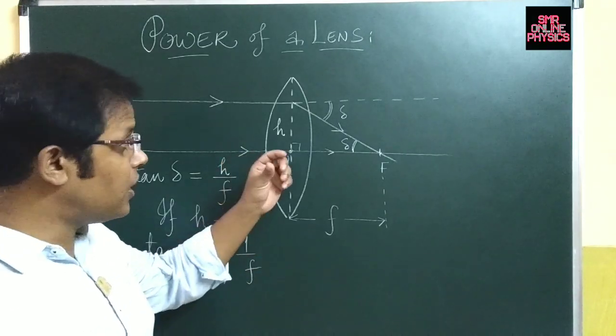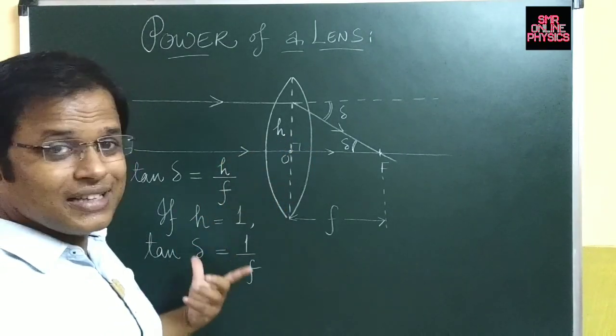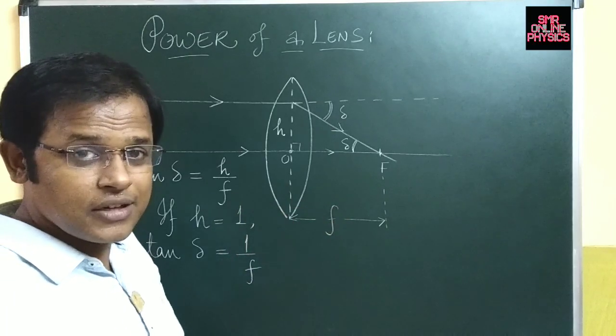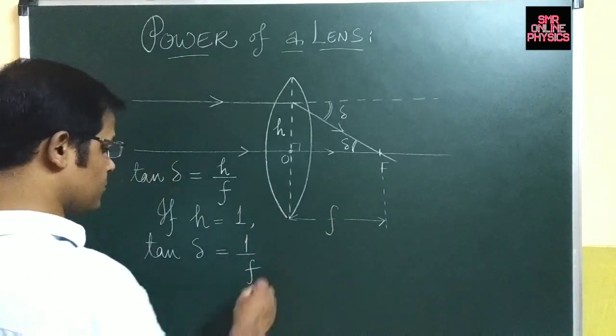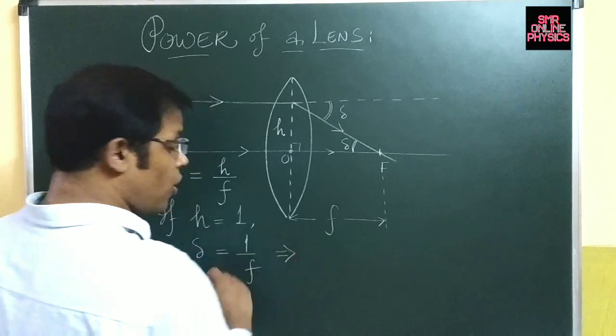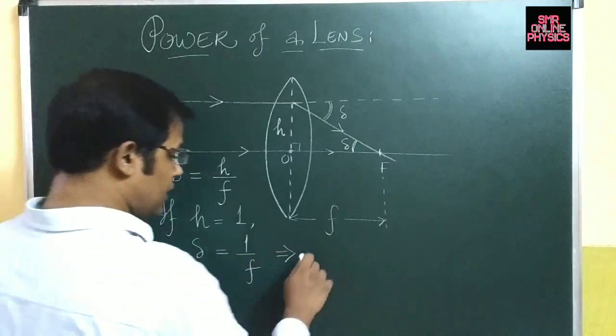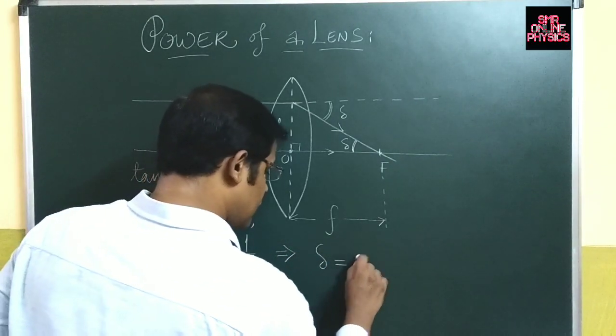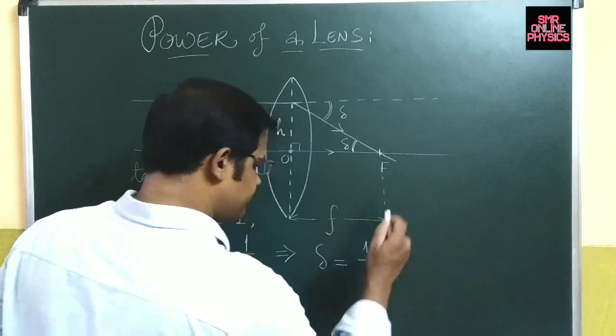For very small angles of delta, tan delta is equivalent to delta. We have discussed this in our previous classes also. So for very small angles, delta equals 1 by f.